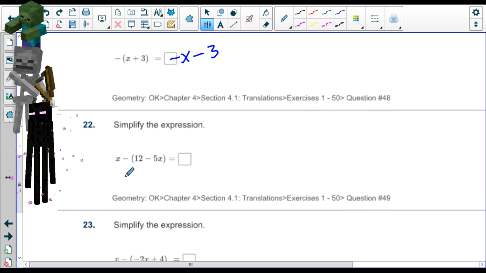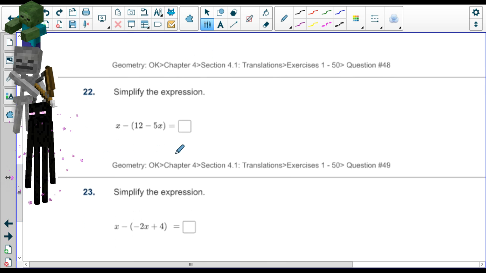Now on number 22 and 23, what we're looking for is this. So we have x, and then the negative will cause these signs to change. So that becomes a negative 12 and a positive 5x. So if you had a negative in here already, the negative of the negative makes it go plus.